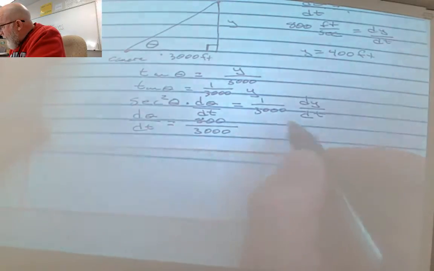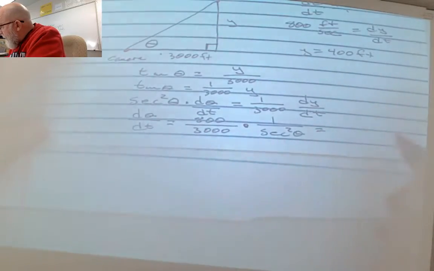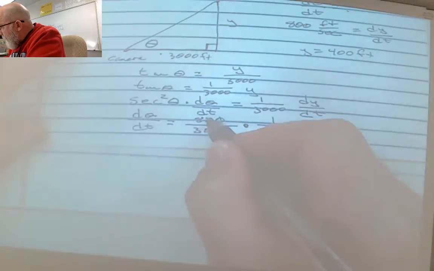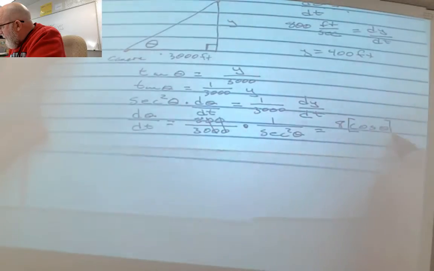So down here I got 1 over secant squared theta. Well, that's the same as, I'm going to cross out some zeros, 8 times cosine squared theta over 30.